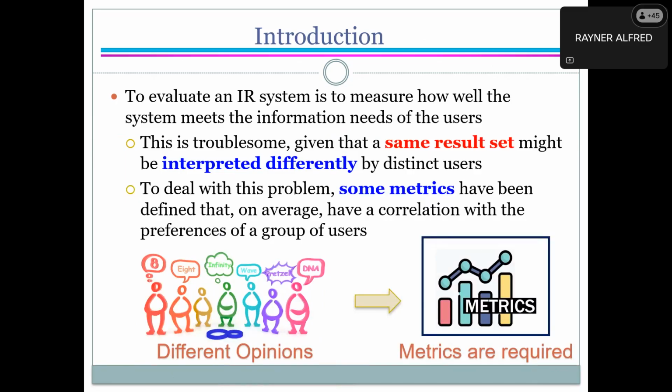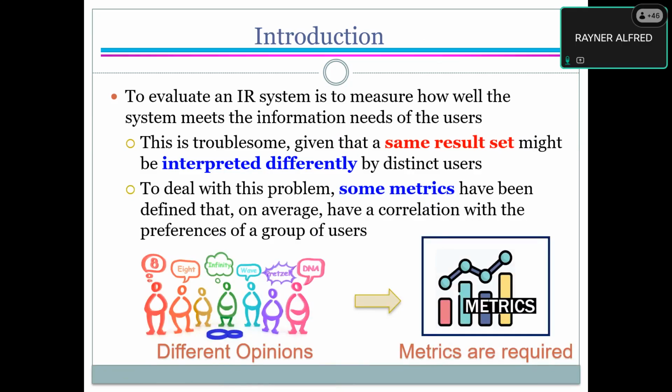Okay, so since every one of us has a different background, depending on how much we read and how much we are exposed to certain technology or concepts, different people may have different perceptions, even if we are given the same result using the same query.